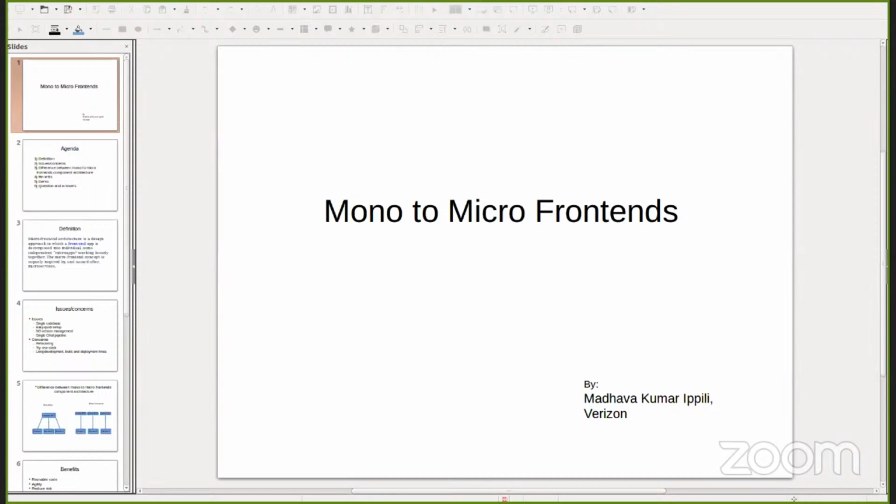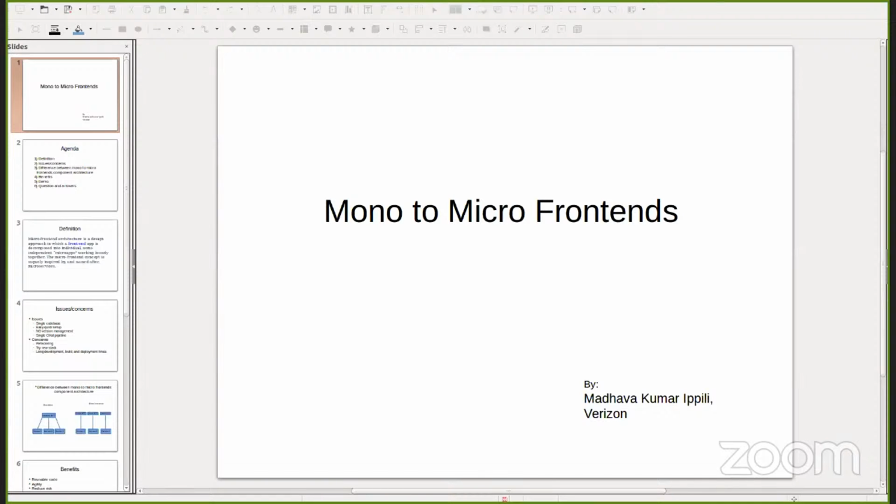So this is the agenda I plan to deliver today. What is the definition of micro frontends, and what issues or concerns led to moving from the monolithic way, the legacy paradigm, to the latest micro front-end architecture?